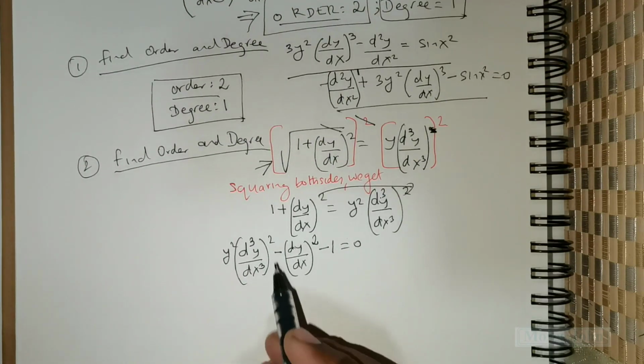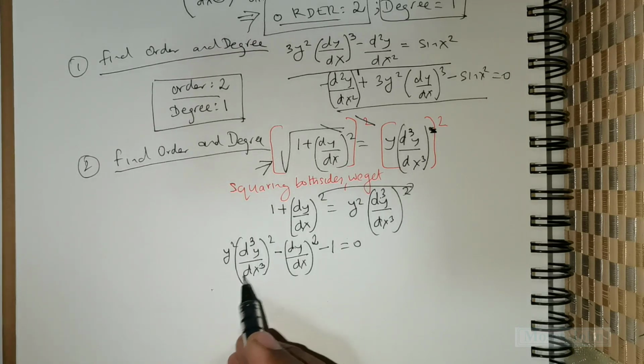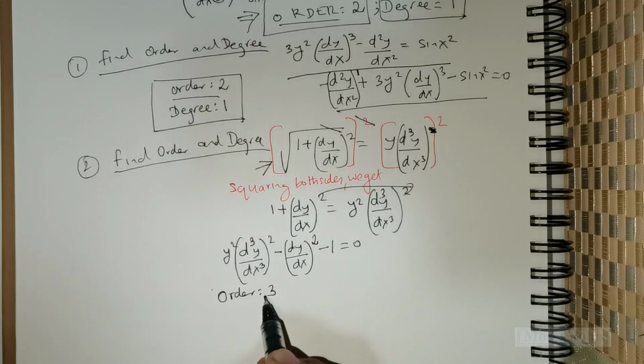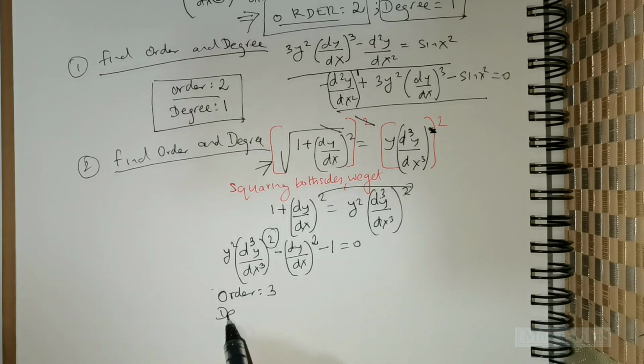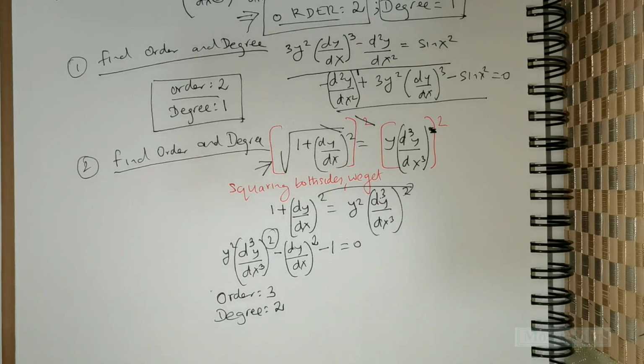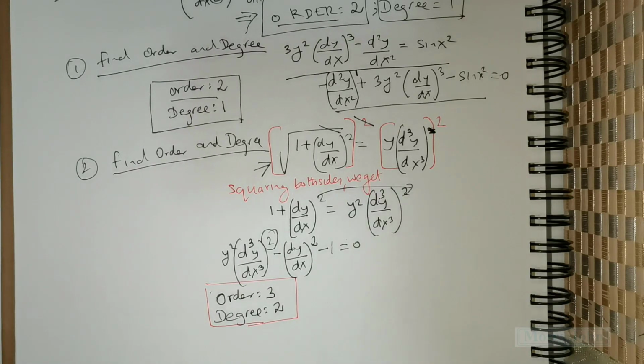Now clearly the highest derivative that you can see here is d cubed y over dx cubed. So the order for this differential equation is 3. Now find out the power to which d cubed y over dx cubed is raised, and that is clearly 2. So this is going to be my answer. The degree is going to be 2, the order is going to be 3, so that completes the solution.